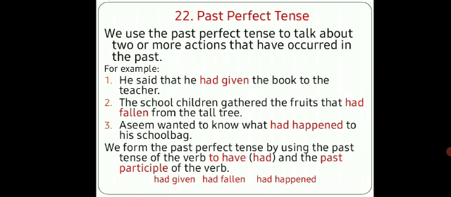Now let's look into the past perfect tense. We use the past perfect tense to talk about two or more actions that have occurred in the past. One action after the other. Two actions happening in the past. Now let's see. For example, he said that he had given the book to the teacher.